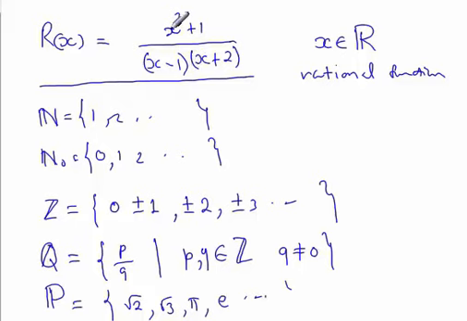Then what do we do? We start seeing that if we take some values of x here, this expression is not going to be valid. For example, which number can you pick here to get r of something and you're not going to get a value? Warning. Something like this is not a number.